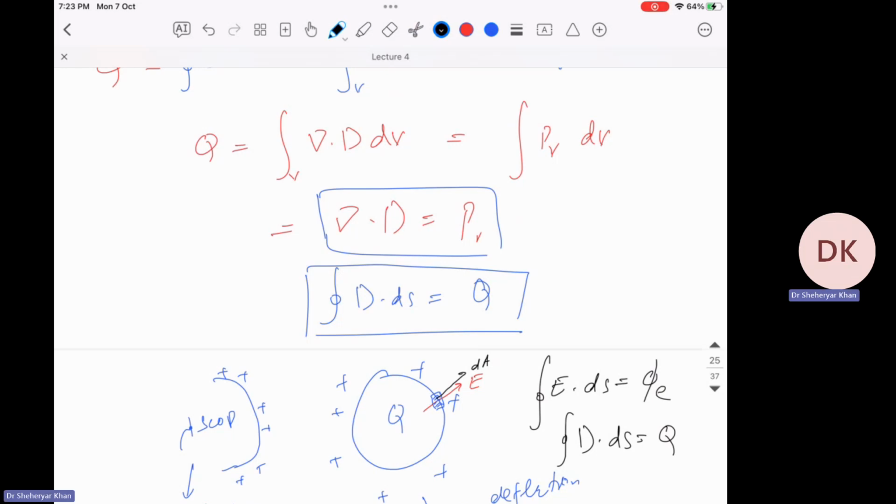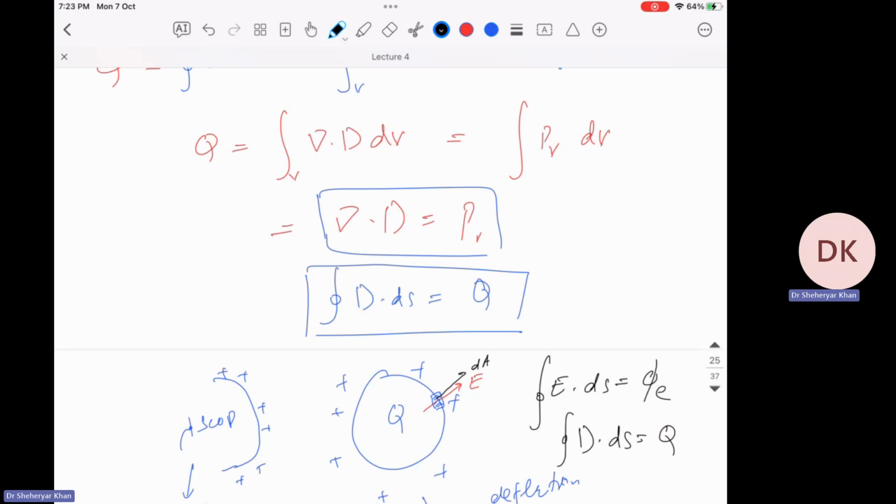If you know the D, then you can take the divergence. It will tell you the rho v, and rho v is a scalar value. It will tell you the amount of flux that for this specific area corresponds to, whether the flux is going out, going in, or remains constant. So these two forms are known as the Gauss law.